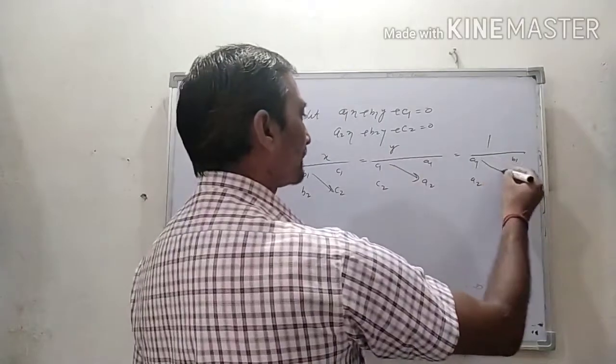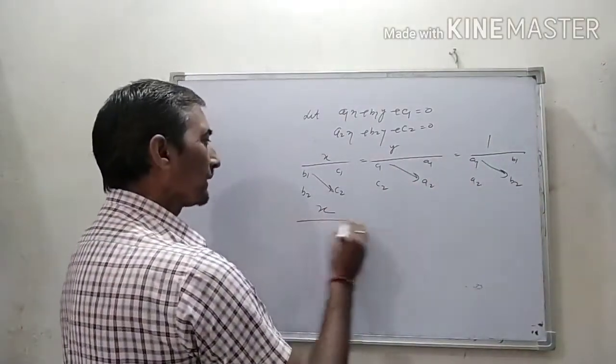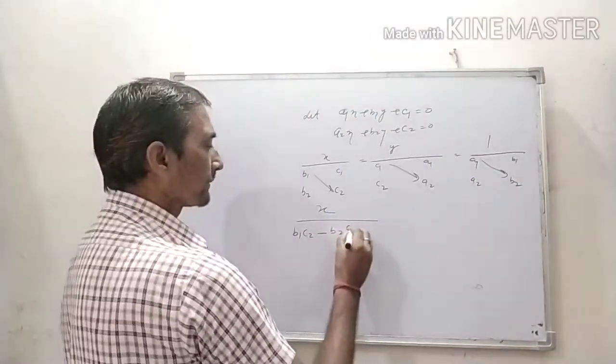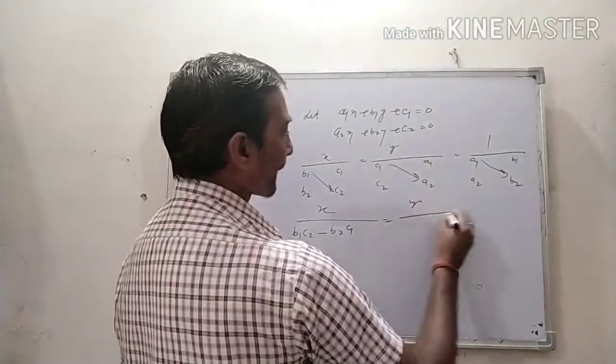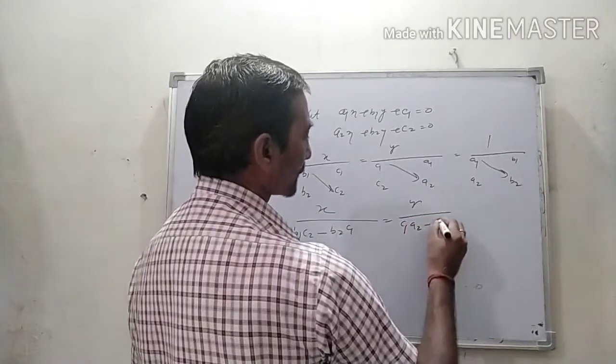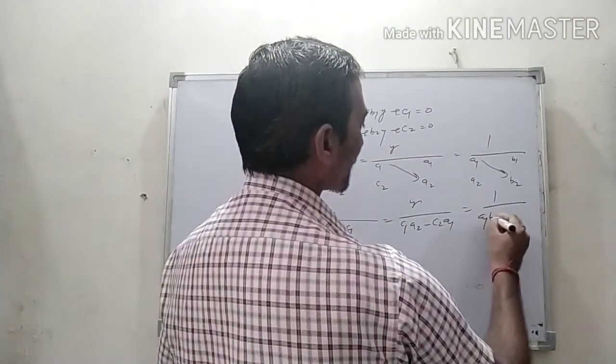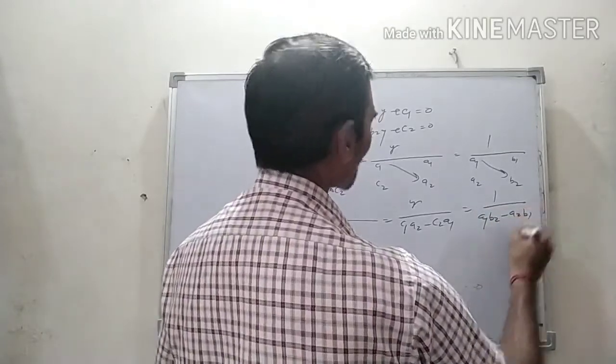By this system, this can be written as b1c2 minus b2c1, c1a2 minus c2a1, a1b2 minus a2b1.